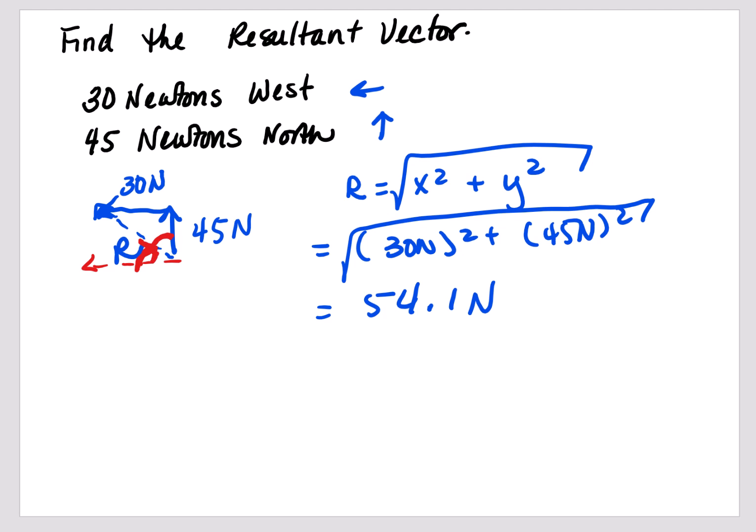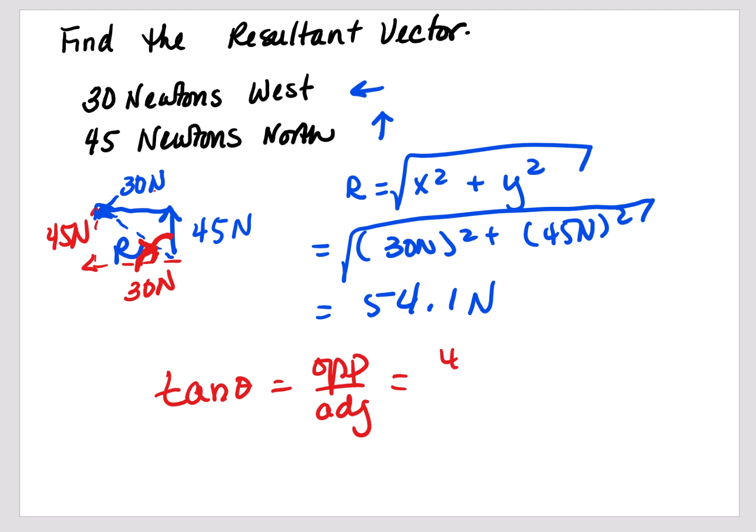So if I draw my parallelogram, I also know that this side is 45 newtons. So I know I could use tangent theta, because if the opposite is 45, these are parallel, so the bottom one is 30 newtons.